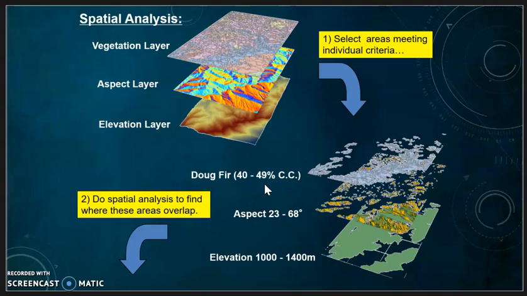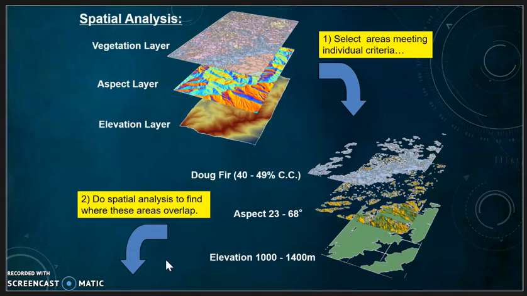So I'm looking for that Douglas fir that's between 40 to 49% canopy cover. And so here's my clipped layer here. I need aspect that's just between 23 and 68 degrees. So I've got that altered aspect layer here. And again, I am looking for elevation of 1,000 meters to 1,400 meters.